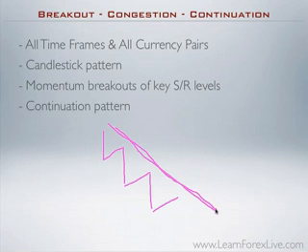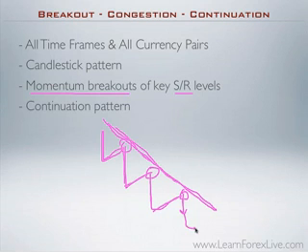Resistance in this case, since price finds resistance at that specific line. Every time price touches that trend line, price bounces off of it. Well, what we are going to be waiting for is a momentum breakout of that level. That means we need to wait for the trend line to actually break before we can search for our specific pattern.